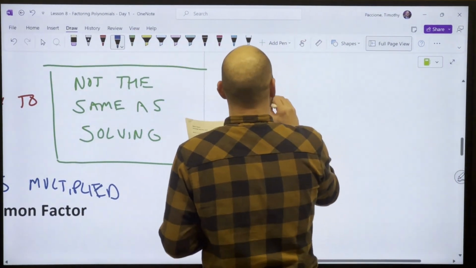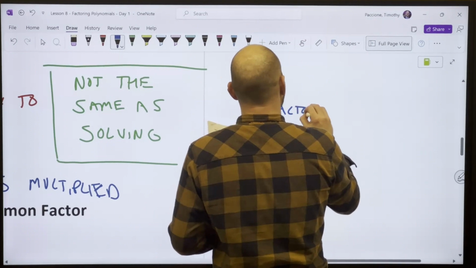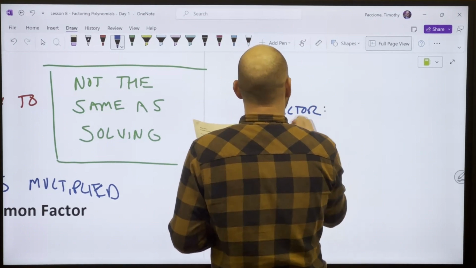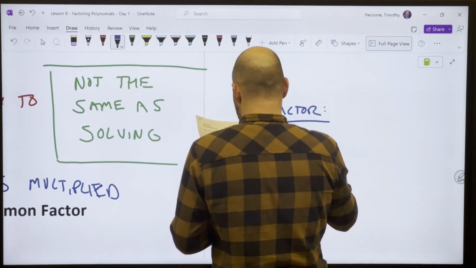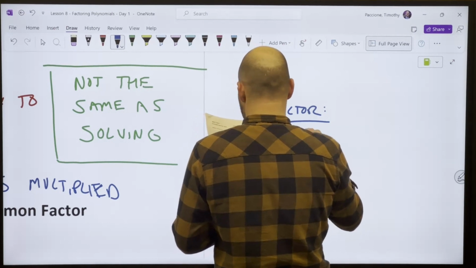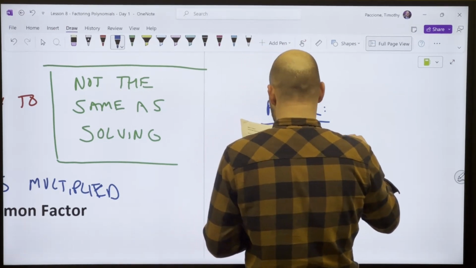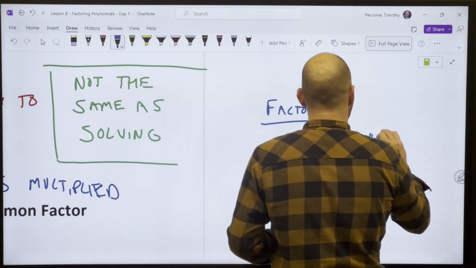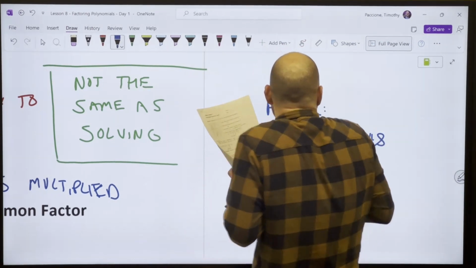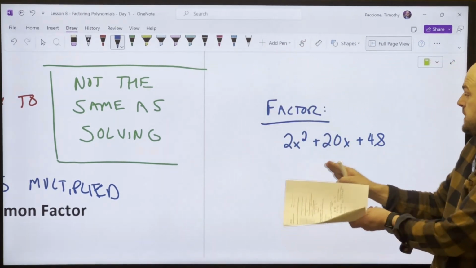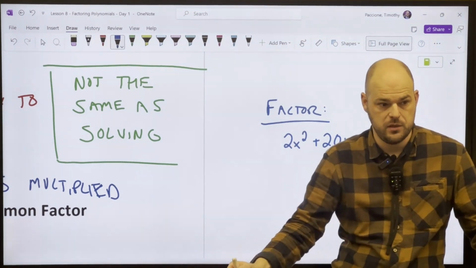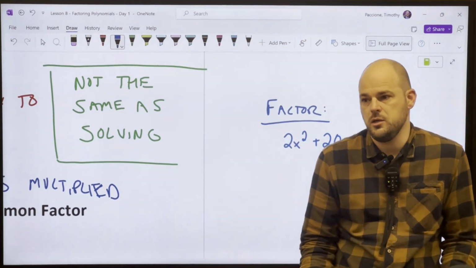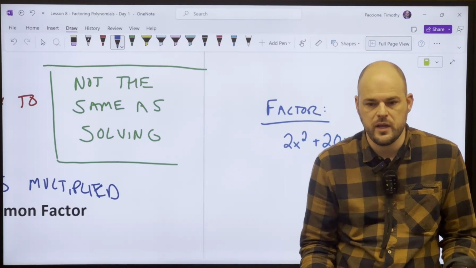So let's say I said factor, and then I gave you 2x squared plus 20x plus 48. And I said factor it. Now remember, factor, this is the big thing. I'm trying to get you to break it down into smaller things. So what would I do? Anything we notice right away?